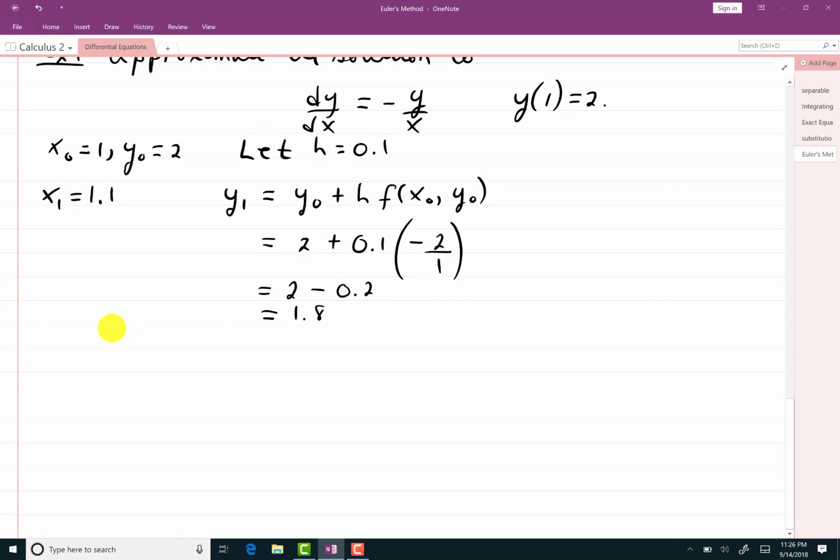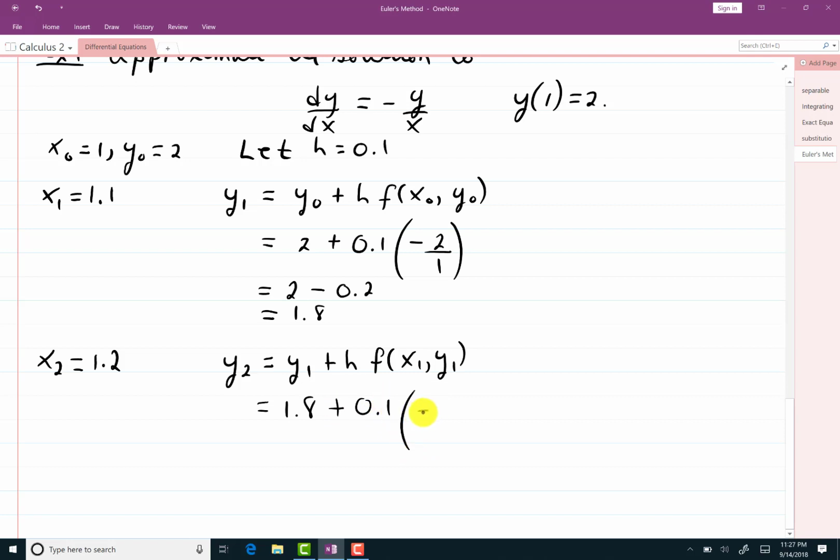And continue as long as you want to get as much of an approximate curve as you want to. So for my x2, I'll increment by 0.1 again, and I'll have 1.2. My y2 will be gotten from y1 plus h f of x1 comma y1. y1 was 1.8 plus h was staying at 0.1 times negative, and here we're going to have y1 over x1.